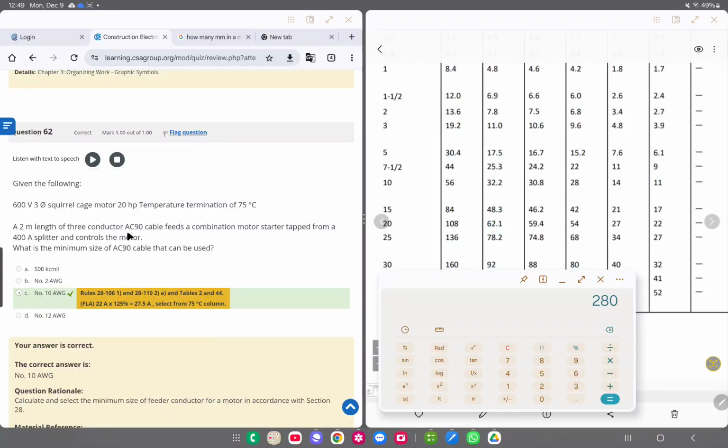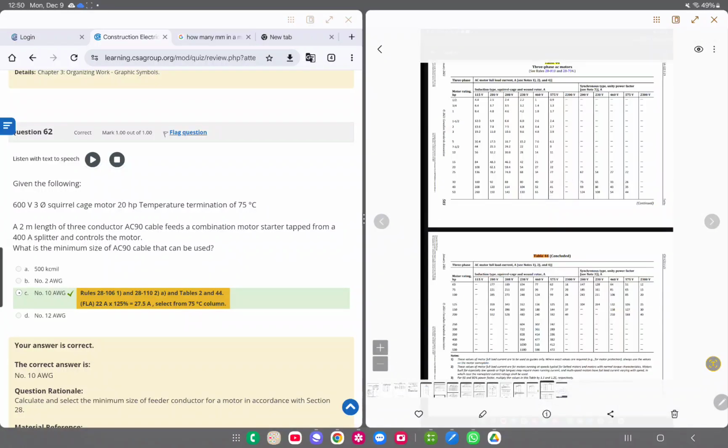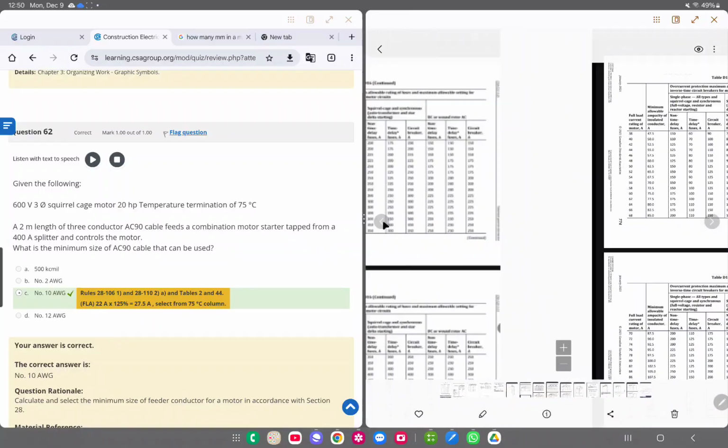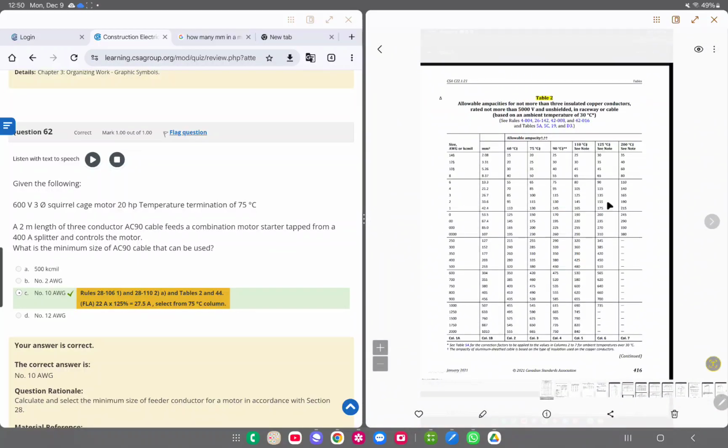And they simply want to know what's the minimum size of AC90. Okay. 22 amps times, it's a conductor question, so CSA, the conductor is 1.25. And we're going to get 27.5. 27.5 at table 2, 75 degrees column. 27.5 at table 2, 75 degrees column, it looks like.